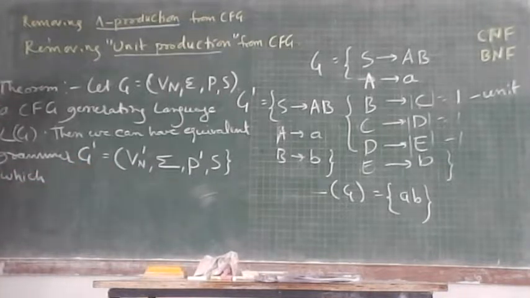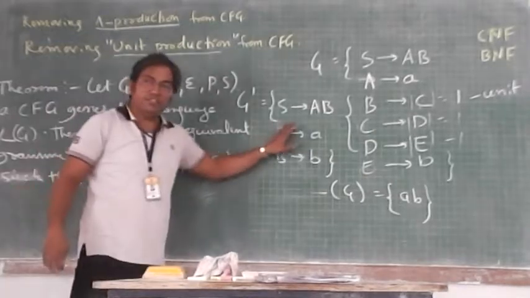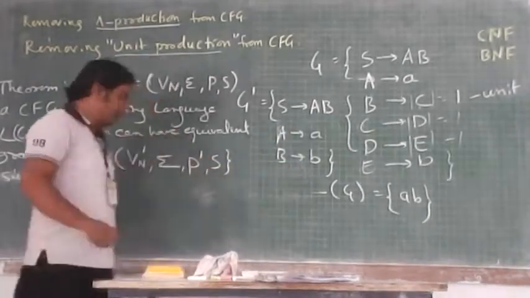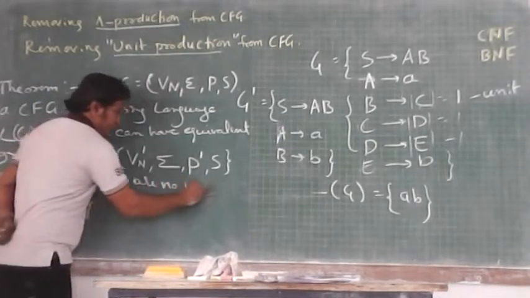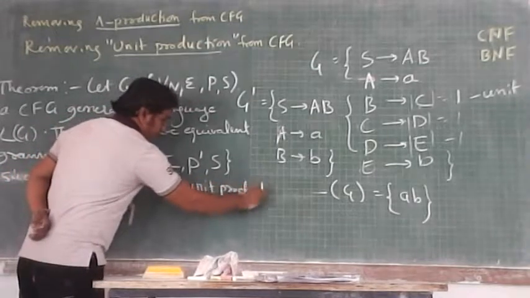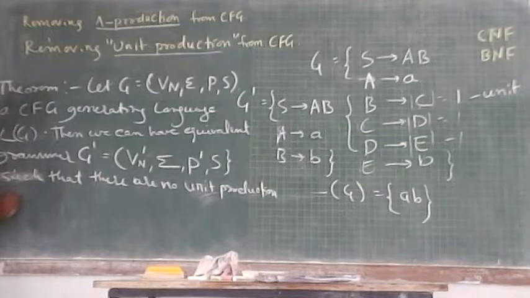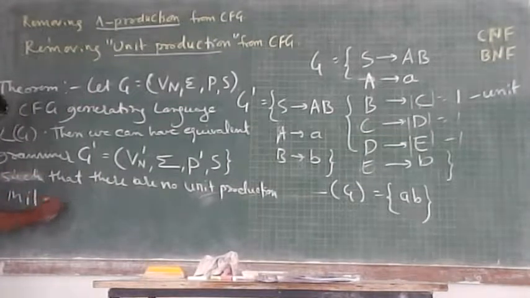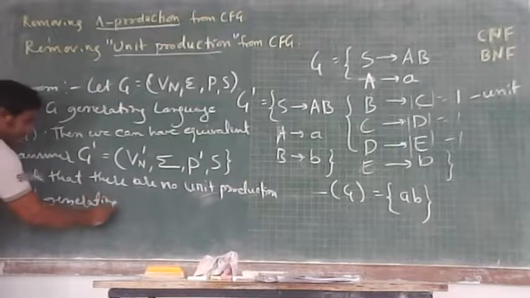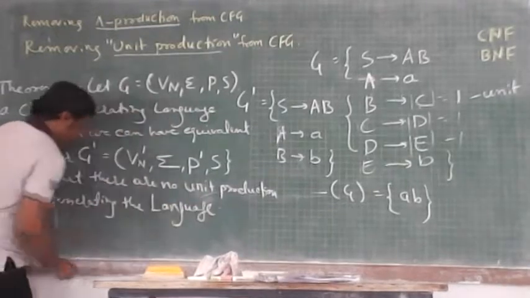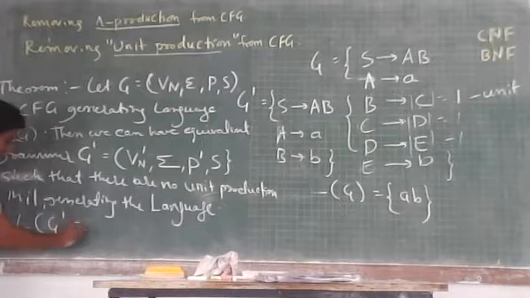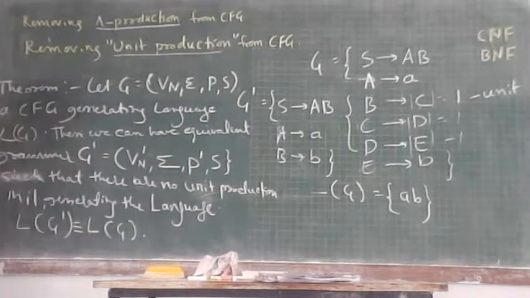And this G dash grammar is such that there is no unit production, generating the language LG dash, which is equivalent to LG.